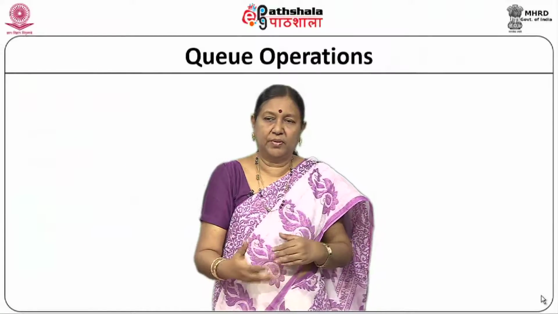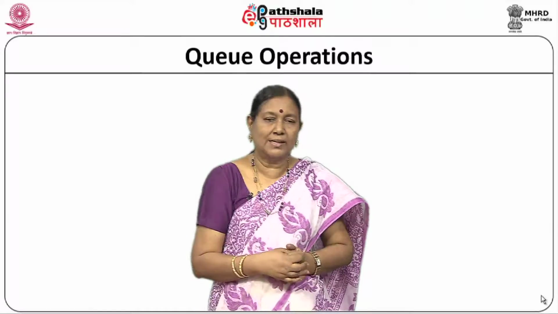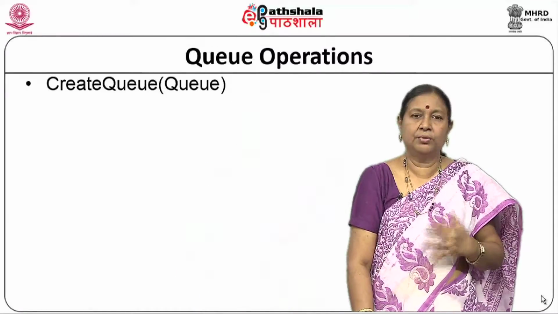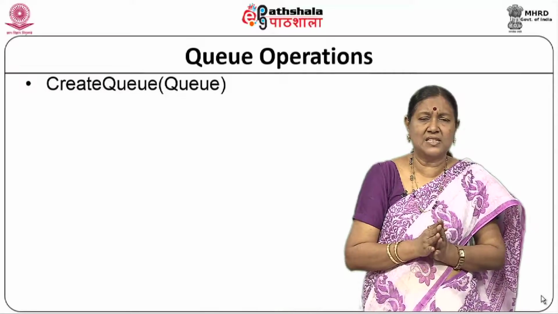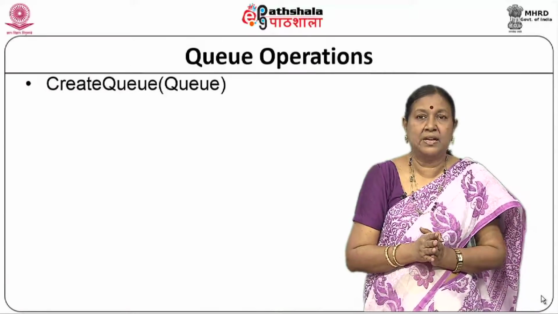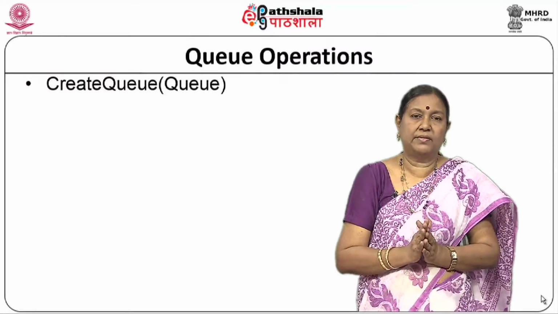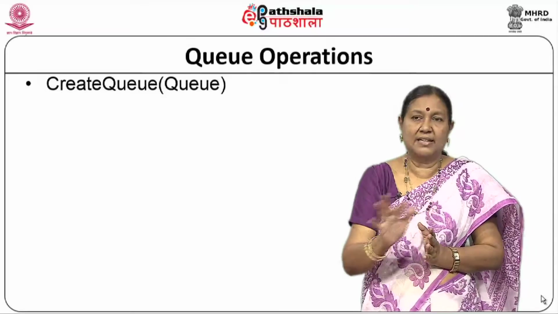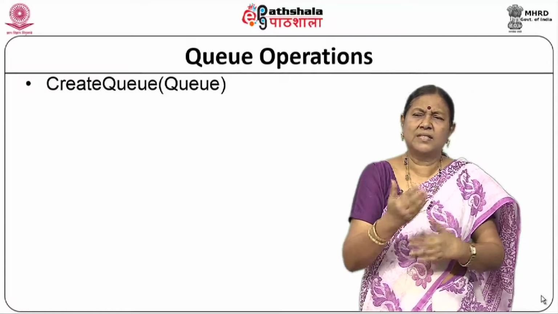Okay. Now, before we go to other implementations, let us look at the typical queue operations. If you look at the operations that have to do with any ADT, up to this point we have looked at list, we have looked at stack, and this is the third one we are looking at, all linear data structures: queue. All of them have similar types of operations.